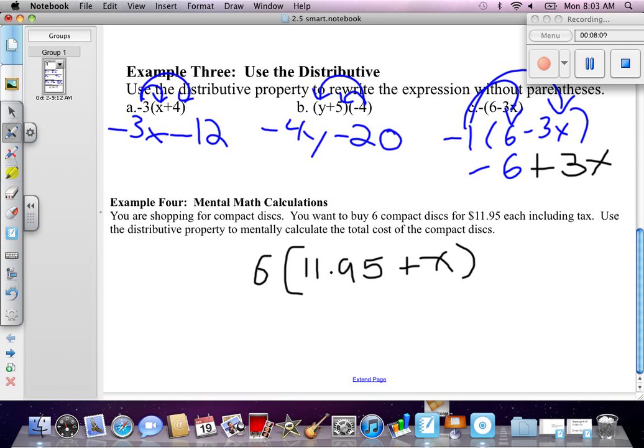Okay, now we're going to distribute. 6 times $11.95 is 71.7. So 71.7 plus 6x. Okay, so you distribute it, and you get $71.70 plus 6x.